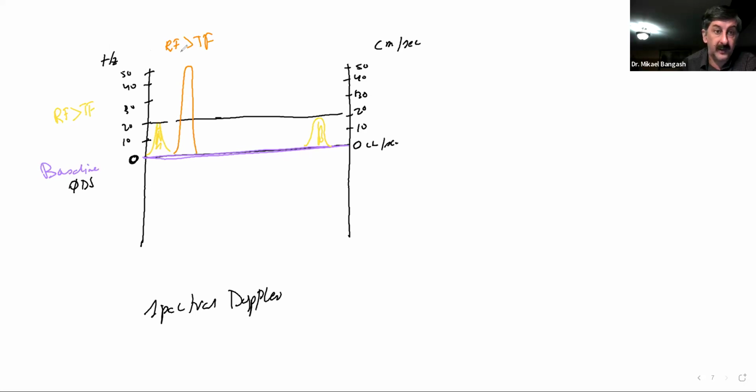But here we have a greater difference between these two, 50 hertz. If we follow this line on the graph, it flows at a speed of 50 centimeters per second.